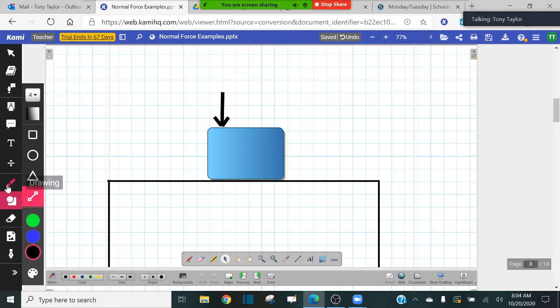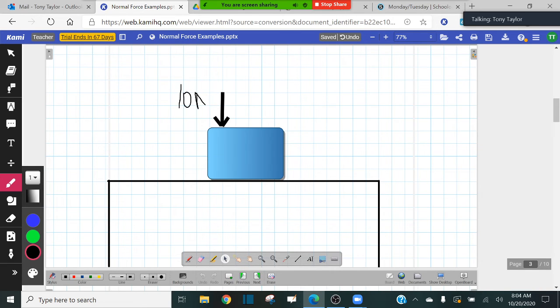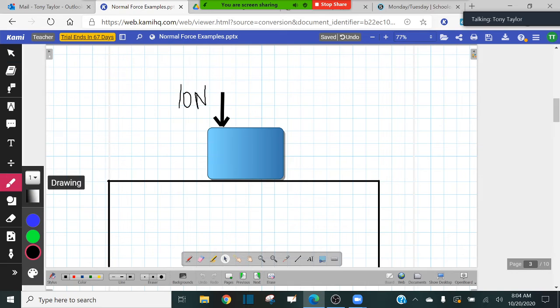So they're pushing down on the box, and let's say the magnitude of this force is 10 newtons downward. Oh, and by the way, I'm assuming the block is 5 kilograms. So this blue box here is 5 kilograms. Just imagine what's happening here, guys. There's a 5 kilogram box sitting on the table, and someone is pushing down on it.